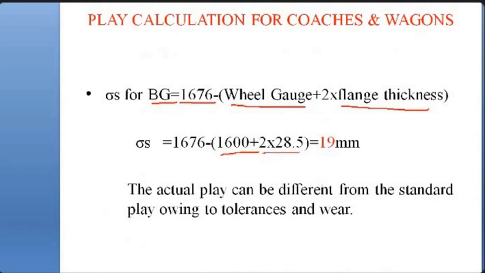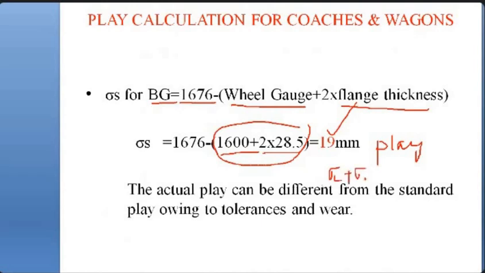So 2 into 28.5. If you sum up these things and subtract 1676, you will get 19 mm as the play. This play is left plus right together, this is 19 mm. It is not the left side alone, it is not the right side alone.